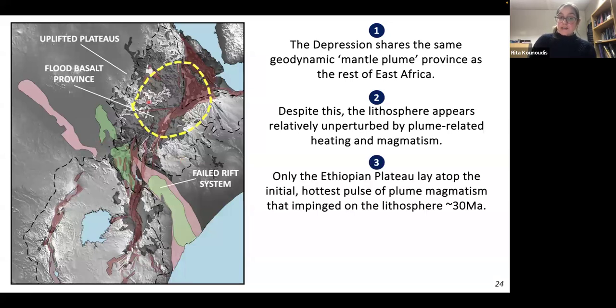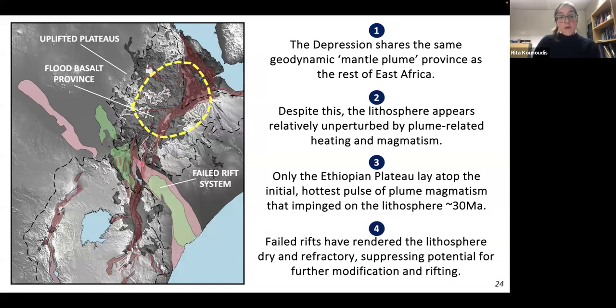And we think that's either because the Ethiopian Plateau was lying right on top of the initial plume impact 30 million years ago, when the plume was slightly hotter, and therefore perhaps experienced most of the plate modification. So the Turkana Depression at the time was located over cooler mantle. Or perhaps these failed rift systems have rendered the lithosphere a bit more dry and refractory by depleting it of all of its volatiles in the past, therefore suppressing its potential for further modification and rifting. So it's made it stronger, making rifting want to avoid it.